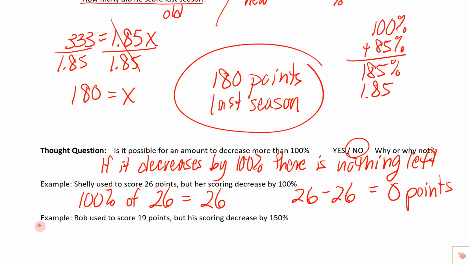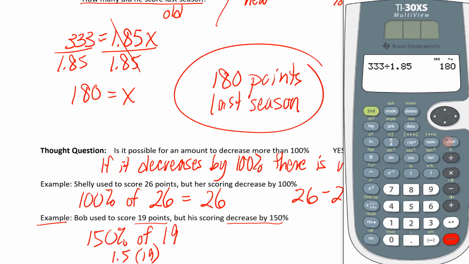Here's an example of why you couldn't decrease by 150%. Because if Bob started out scoring 19 points, so let's find 150% of 19. So remember, to find that, we're going to change that to a decimal, and of tells us to times. So we'll do 1.5 times 19, and we get 28.5.